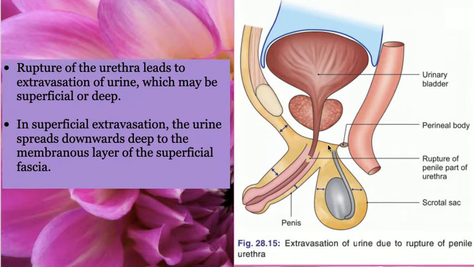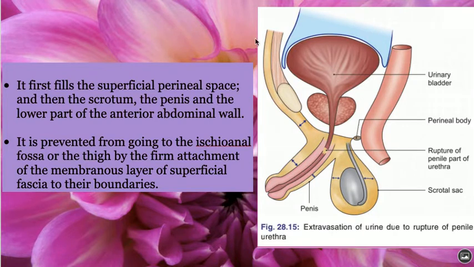Now, in superficial extravasation, the urine spreads only up till the membranous layer of the superficial fascia. As you can see, it is filling the superficial perineal space, right? This is the perineal membrane, perineal body over here. Anterior to that, this is the superficial perineal pouch.